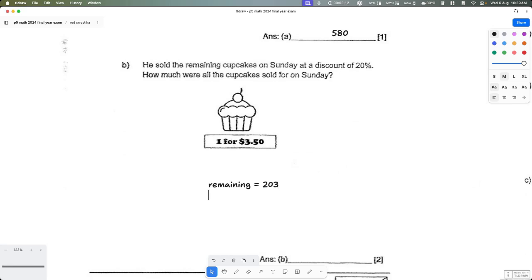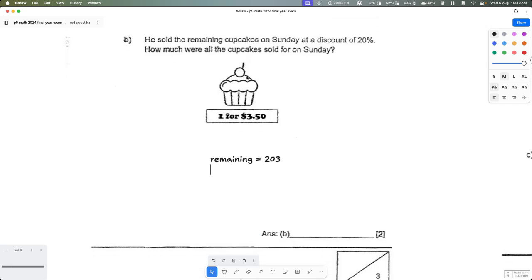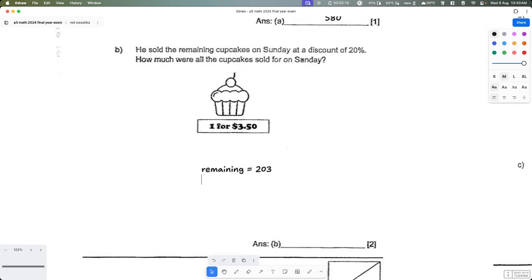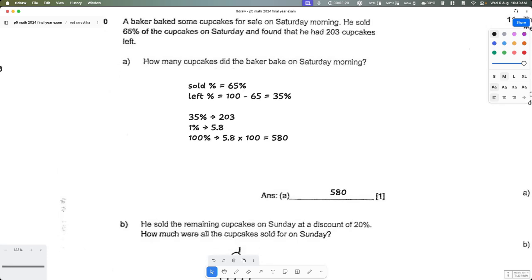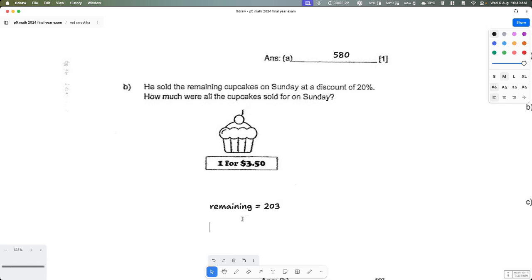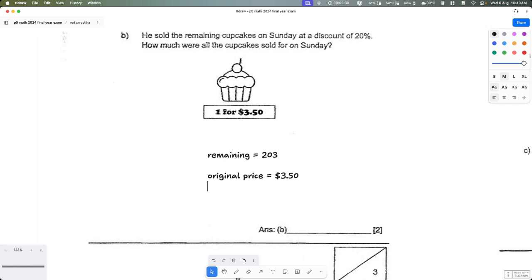He sold the remaining cupcakes at a 20% discount. So the original price in this case is $3.50. The price after discount percent is equal to 100 minus 20, which gives us 80%.